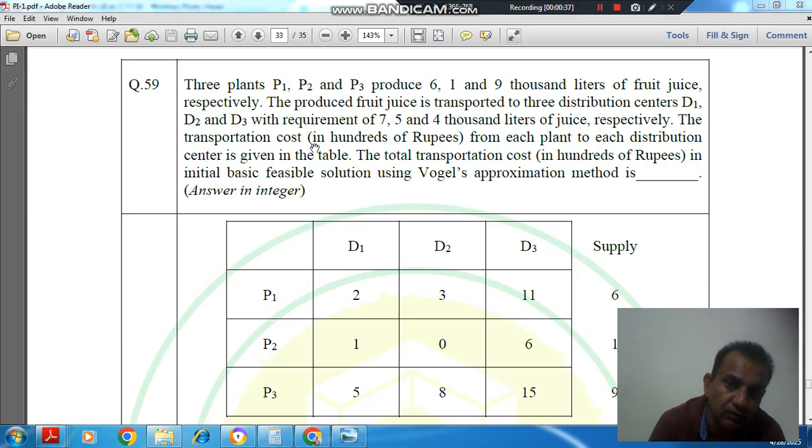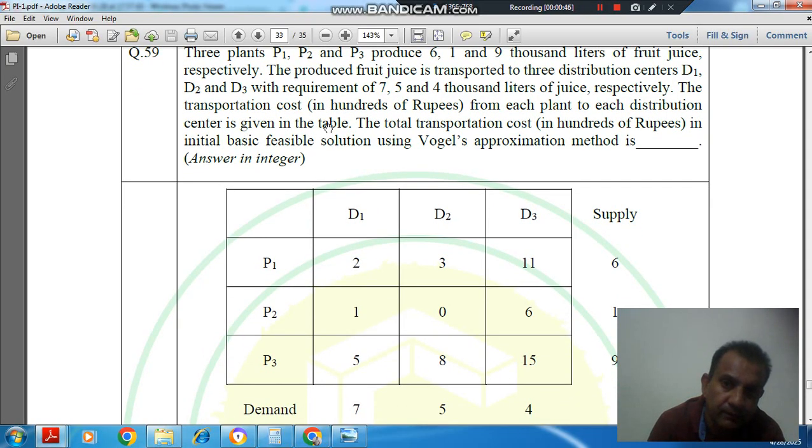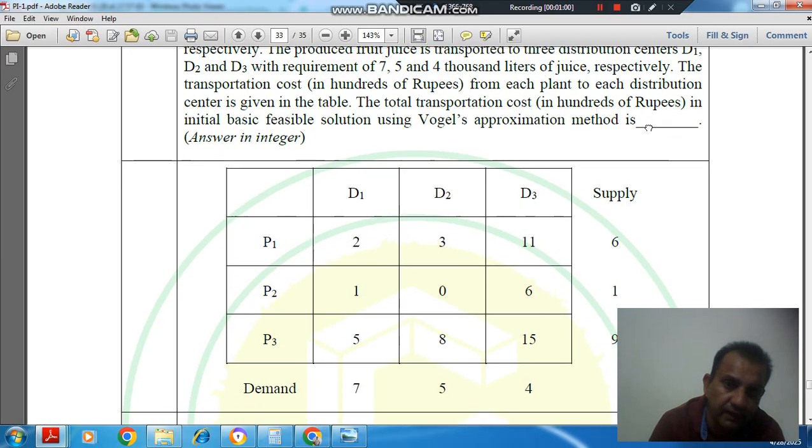The transportation cost in hundreds of rupees from each plant to each distribution center is given in the table. The total transportation cost in hundreds of rupees in the initial basic feasible solution using Vogel's approximation method is dash.